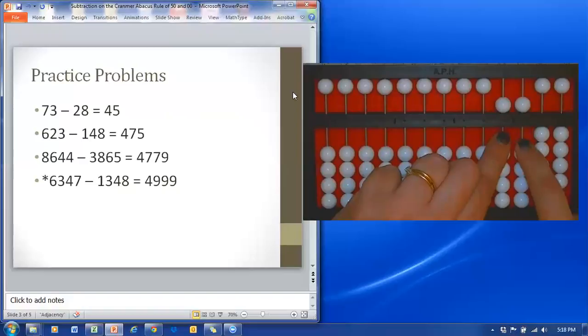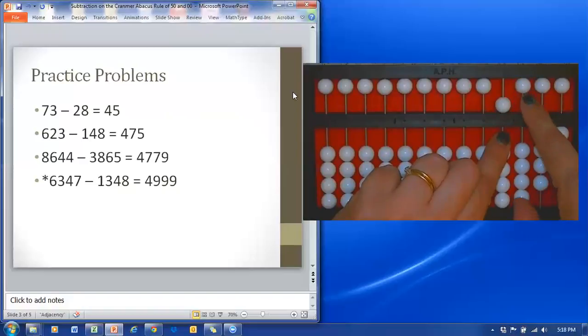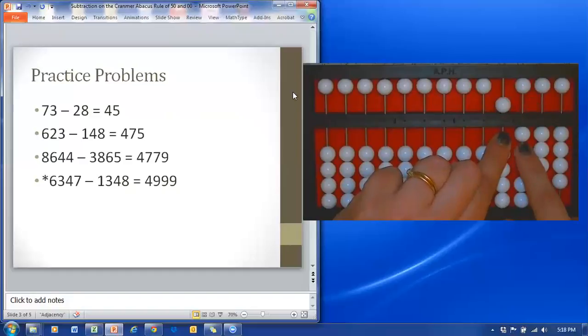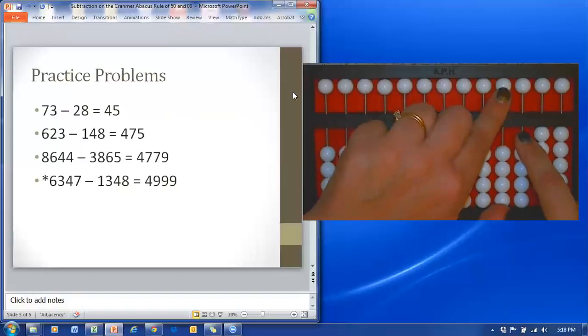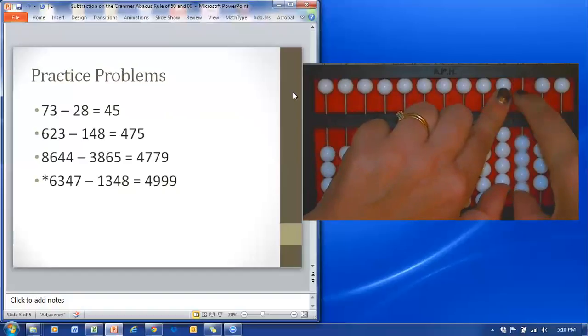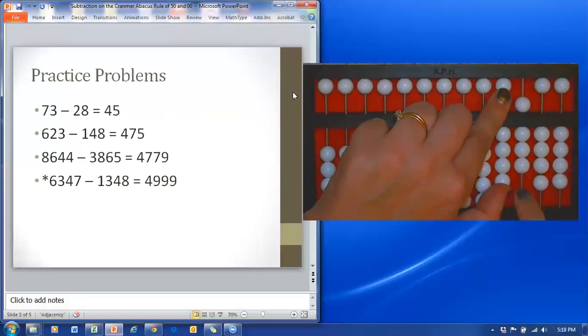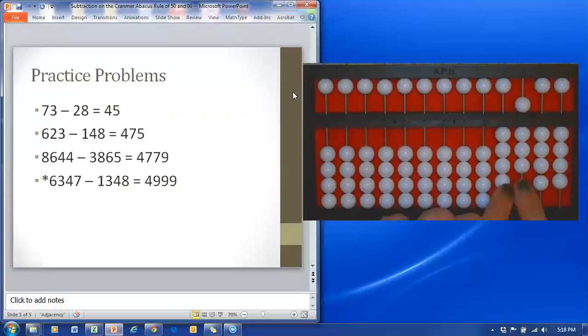So 1 down, no more to move down. So 2 up as I return the 4 below it. 3 down, 4 down, 5 down, 6 down. The next place is going to be in that next column, that 5 bead. So 7 up as I return the 4 below it and the 9 I'm on. And then 8 down. That takes care of my hundreds.